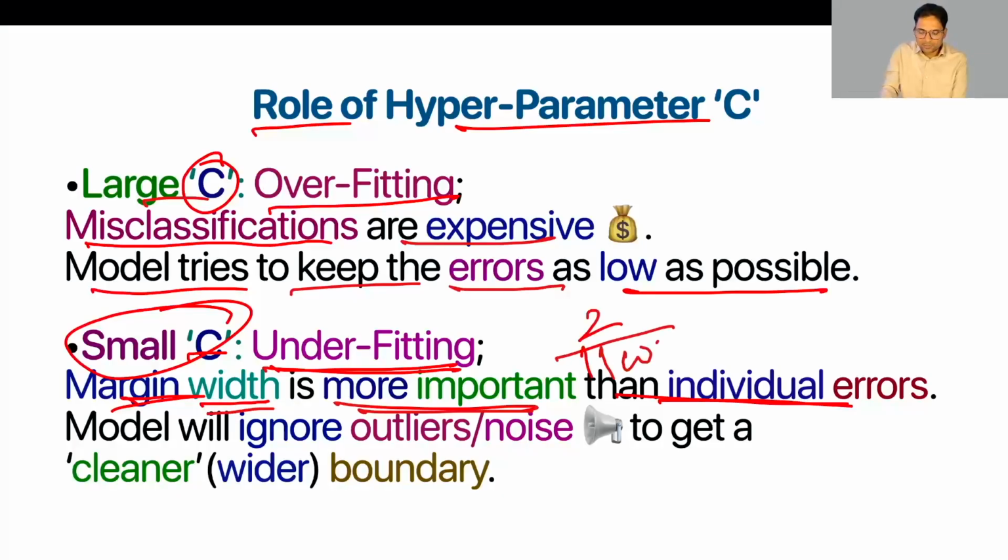For example, if this is my margin, I'll keep on spreading this margin even if my points are wrongly classified, no problem, because my C is low. I don't care about the errors now. So that's what we have to tune and find out: where is the balance.